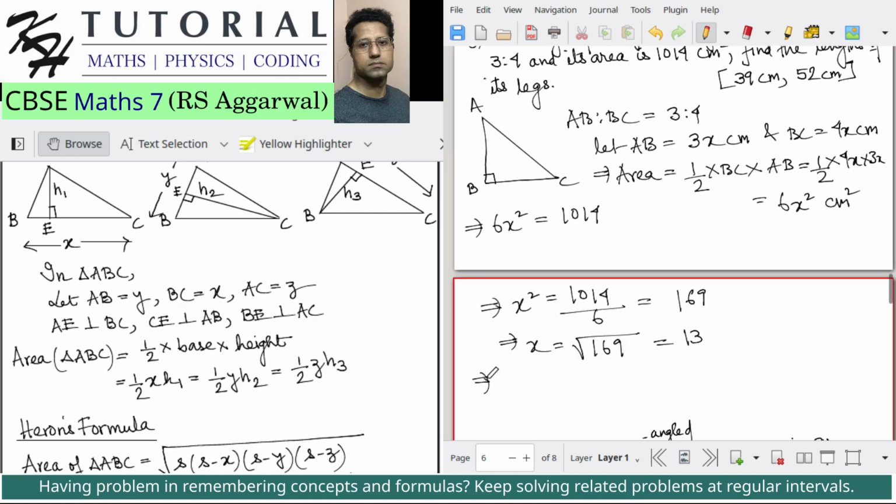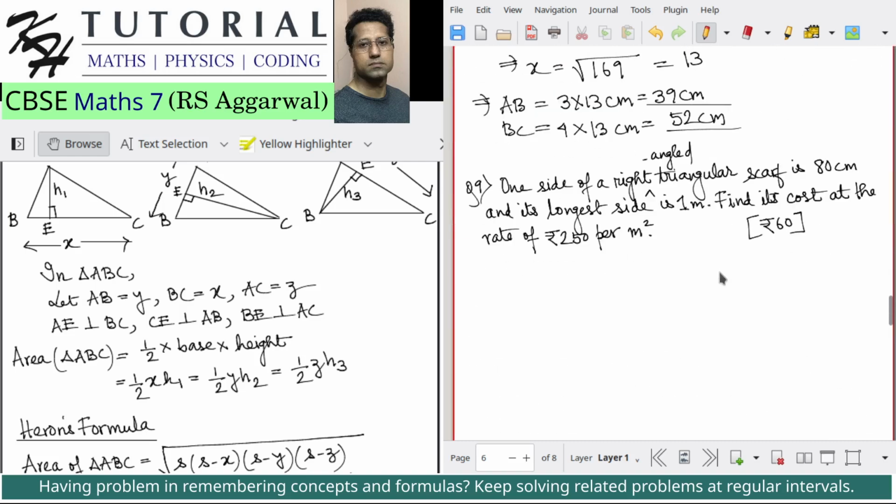So this implies the leg AB will be equal to 3x, and x is 13. So 3 into 13 centimeter, which is equal to 39 centimeter, and BC is 4x, so 4 into 13 centimeter, which is equal to 52 centimeter. So the lengths of the legs are 39 centimeter and 52 centimeter. Okay, let's do the next problem.